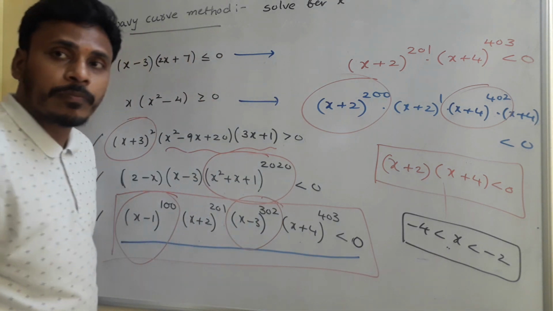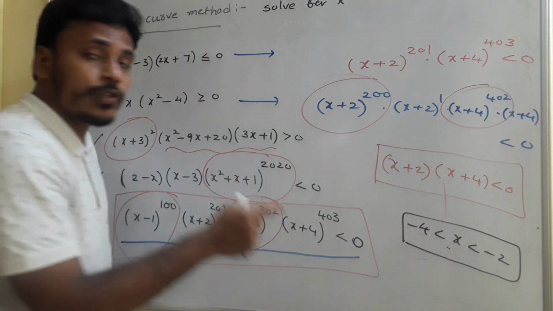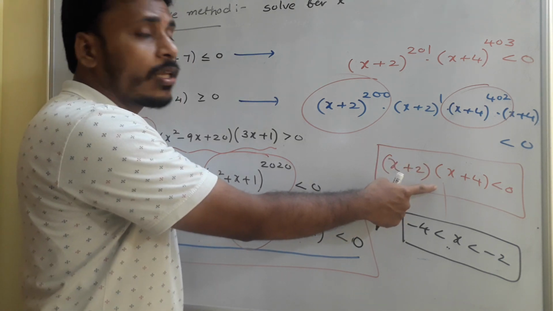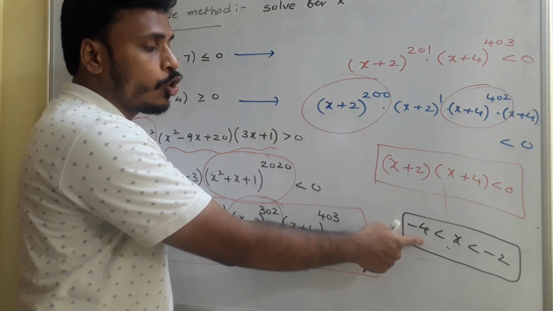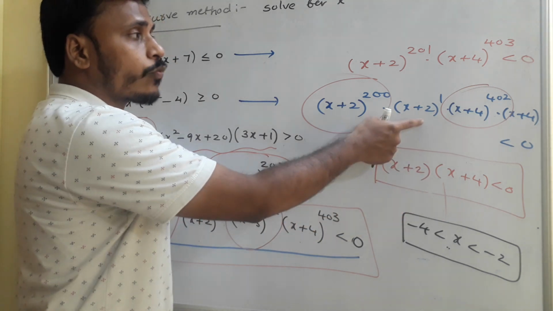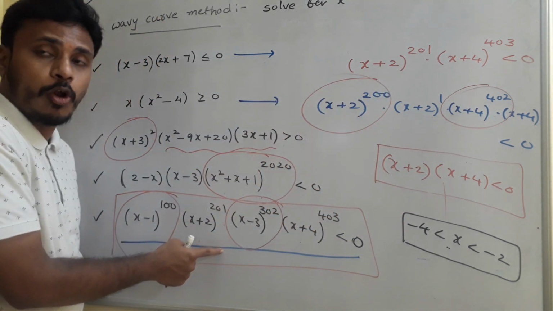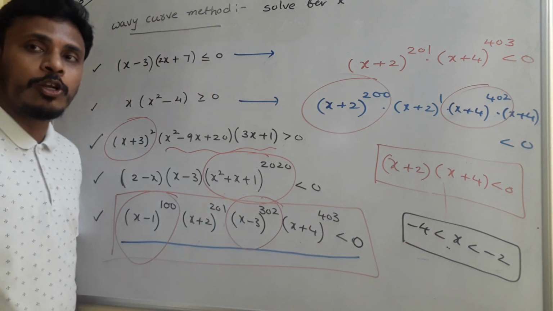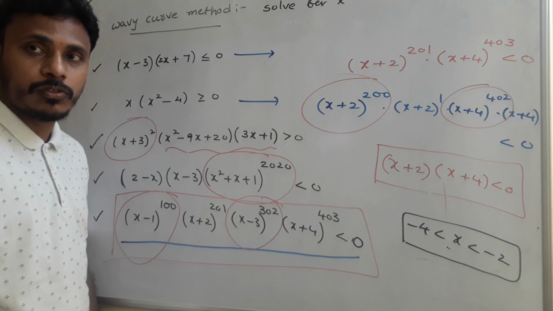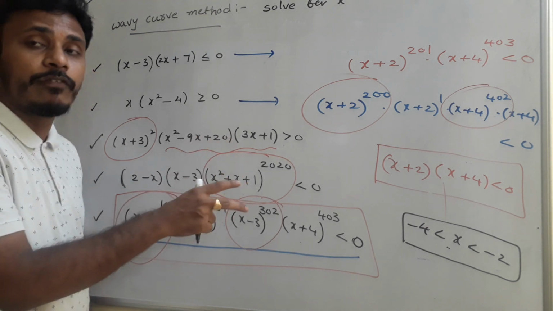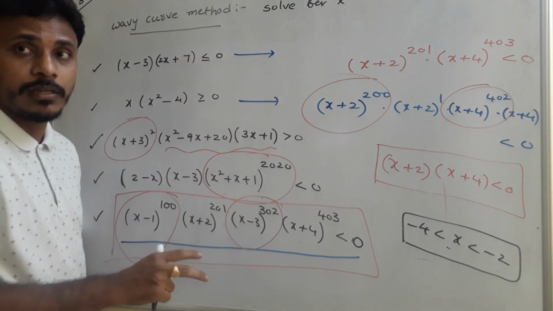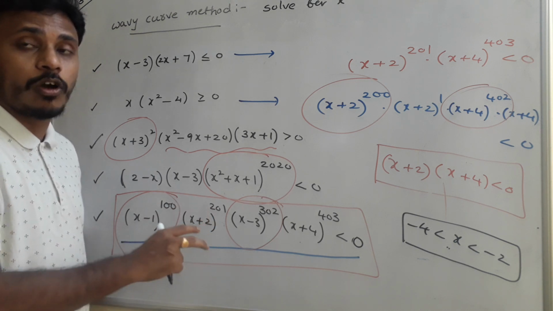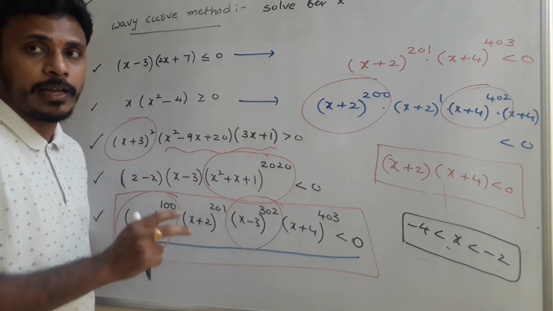So these values of x which are in between minus 4 and minus 2 satisfy this inequality, and since this solution satisfies this inequality, it satisfies the given problem. At the end, the solution for the given problem is simply the values of x which are in between minus 4 and minus 2. So at the end, this is the benefit of the wave curve method. The wave curve method helps you to find the possible values of x in solving polynomial inequalities in such a manner. Have a look.